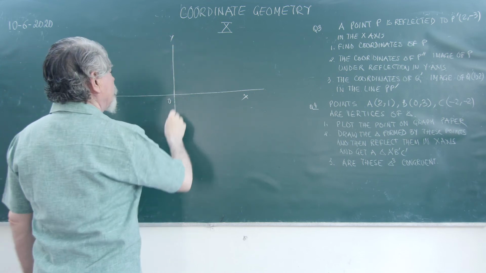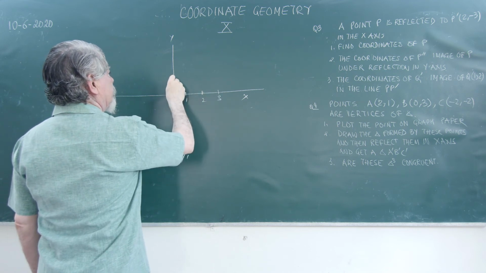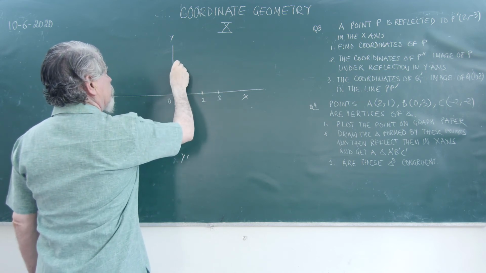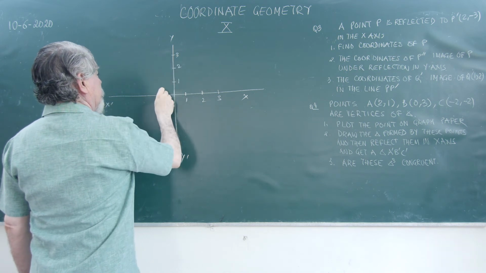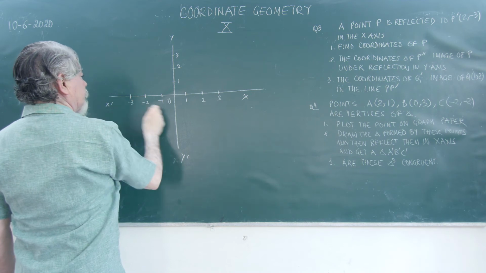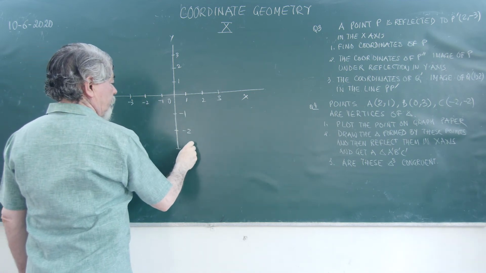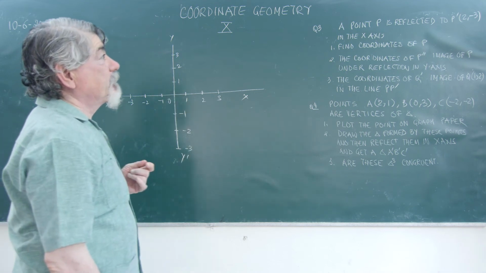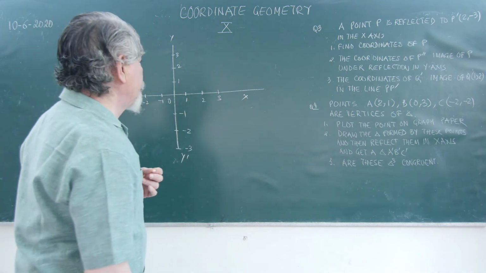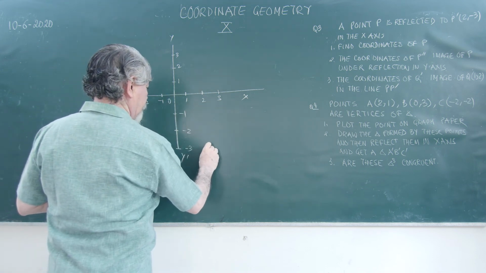It is 2, minus 3: 1, 2, 3, 1, 2, 3, minus 1, minus 2, minus 3, minus 1, minus 2, minus 3. Now let us see the point P dash 2, minus 3. 2, minus 3 means the point is somewhere here.